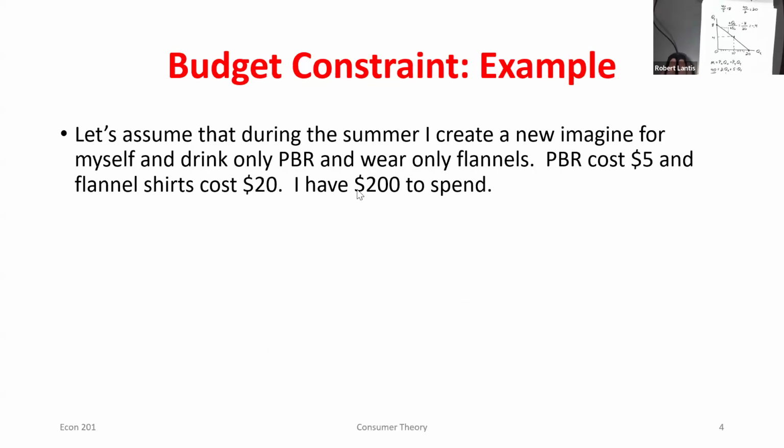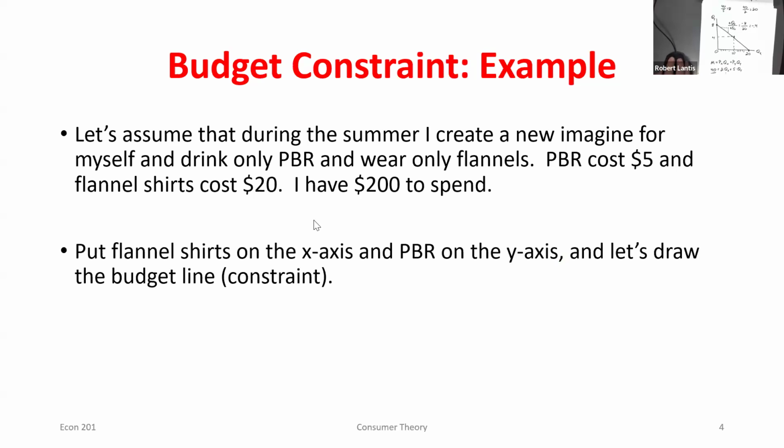Okay, so we can kind of think about, let's say I have this example where I'm trying to create a new image. I'm only buying PBR and flannel shirts, right? Going the hipster route. And so if I've got $200 to spend, price of PBR is 5, price of a flannel shirt is 20. How could I build this budget constraint? And then we'll talk a little bit more about some of the qualities of these budget constraints.